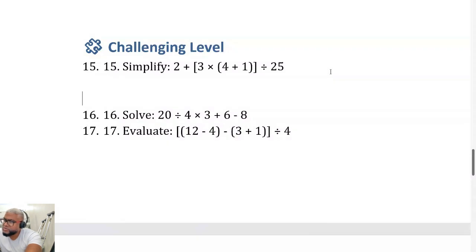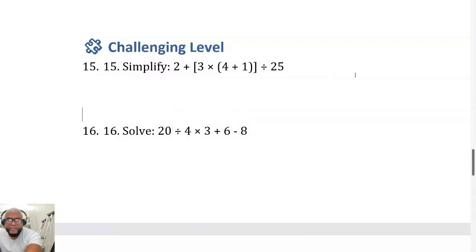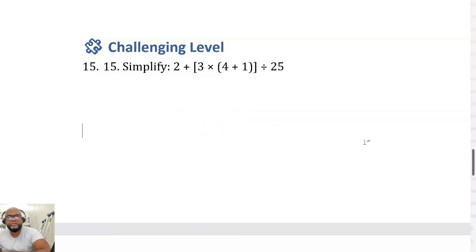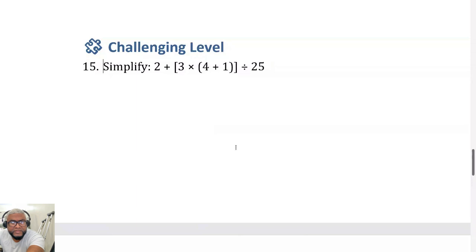Let's go to Sapphire. What's the order here, Sapphire? What are we doing first? The brackets. Right, so let me work. So what do I put? I'm going to put 2 plus. Now I'm going to put the square bracket, because we have to work out the bracket within that square bracket first. Right, Sapphire?